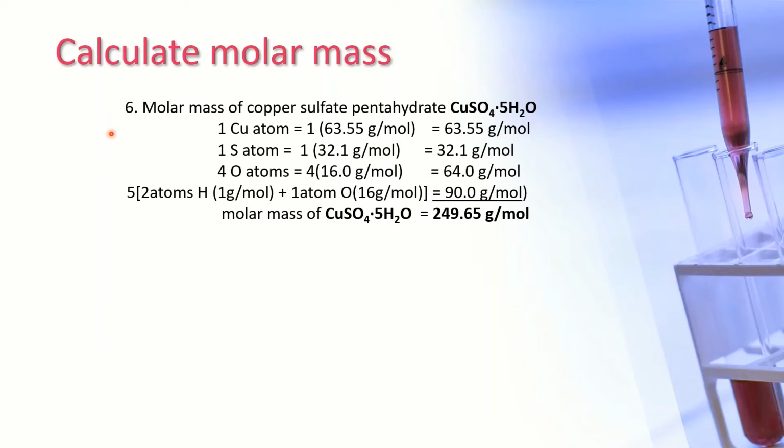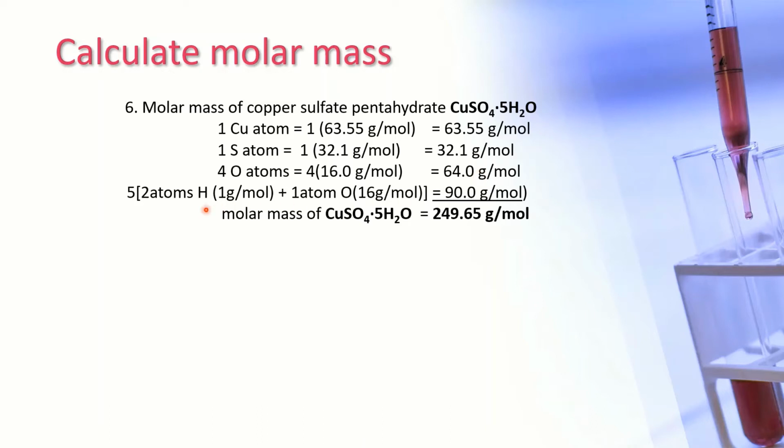Number 6, molar mass of copper sulfate pentahydrate. It contains 1 copper atom, so 1 times 63.55 grams per mole, which is 63.55. 1 sulfur atom, so 1 times 32.1 gram per mole is 32.1. And 4 oxygen atoms, so 4 times 16 grams per mole is 64.